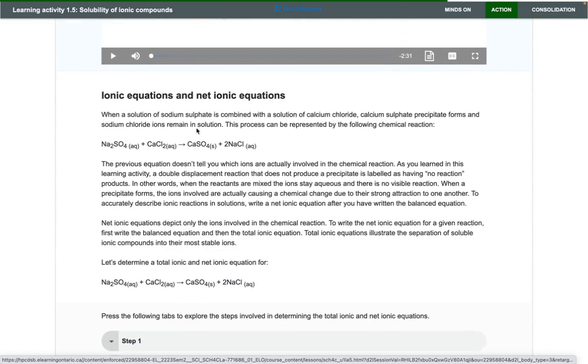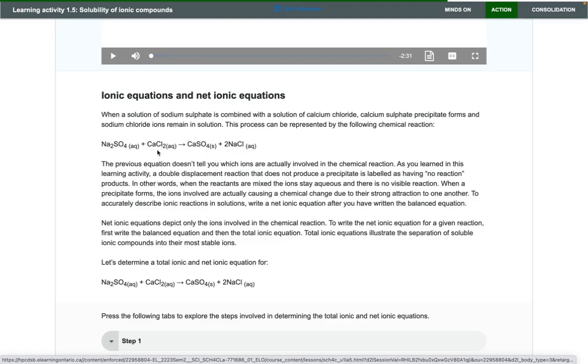Lastly, for any double displacement reactions that do form a solid, we really are only interested in the ions that make that solid. Notice over here, sodium chloride is a salt solution. AQ means aqueous. That means that it's dissolved. And we really don't care about the ions that are dissolved. We care about the ions that formed something new.